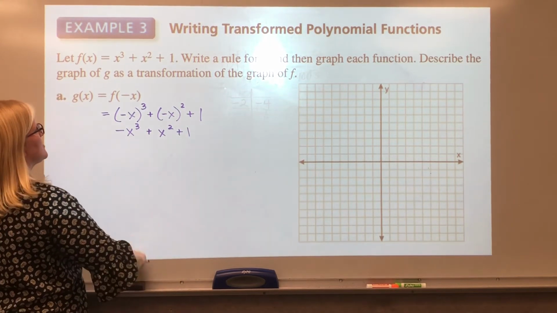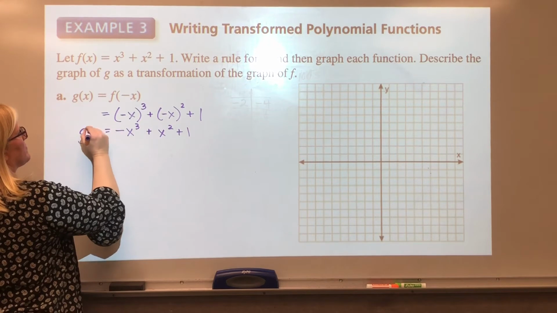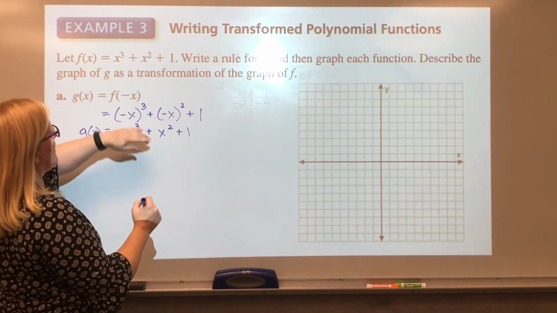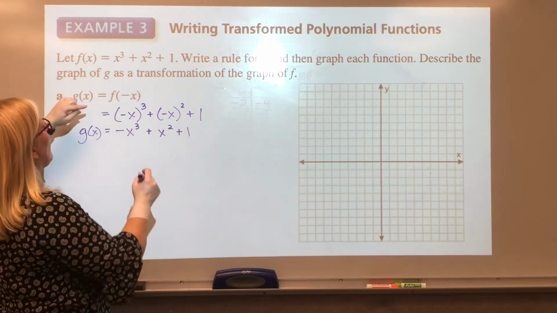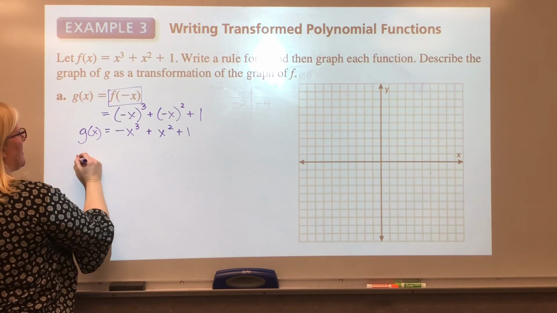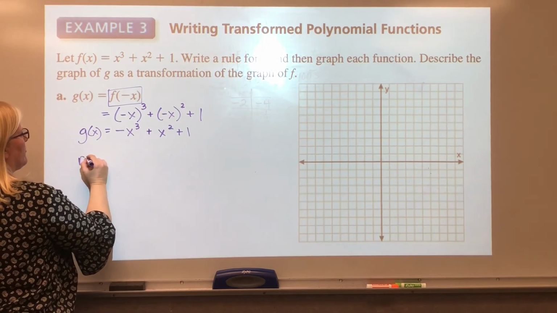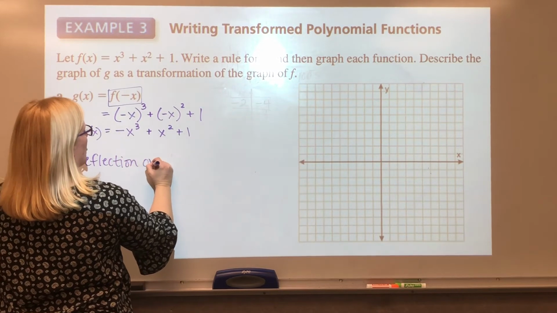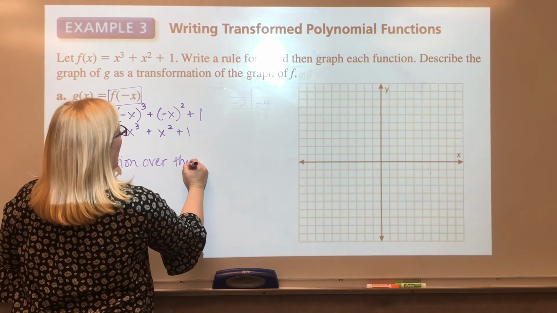So here is g of x. This is f of x. So what happened? This is where I started. This is where I ended up. What does this mean? This means that I had a reflection over the y-axis.